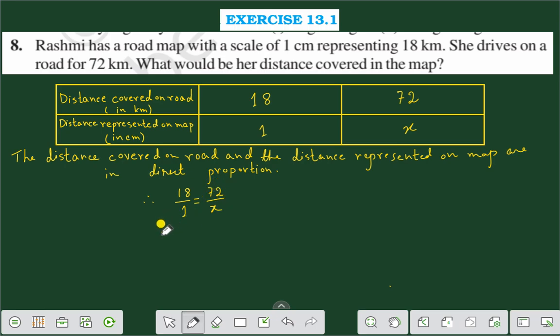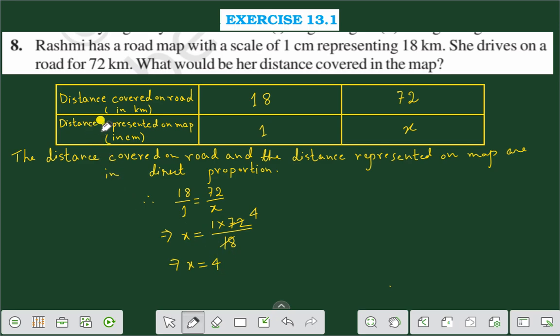Or you can write the value of x as 1 into 72 by 18, and 18 fours are 72. Therefore, the value of x is equal to 4.